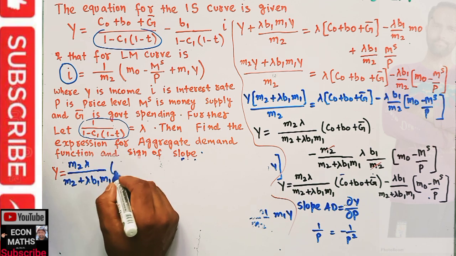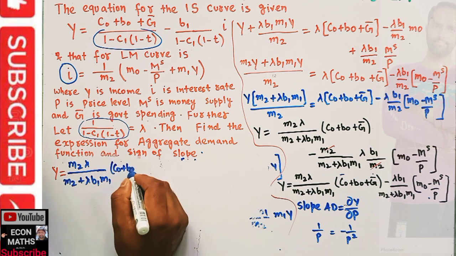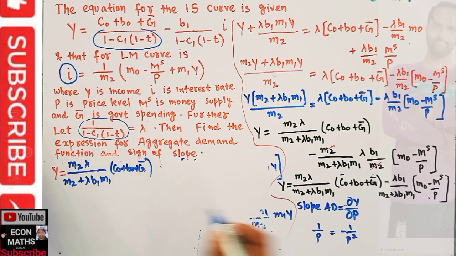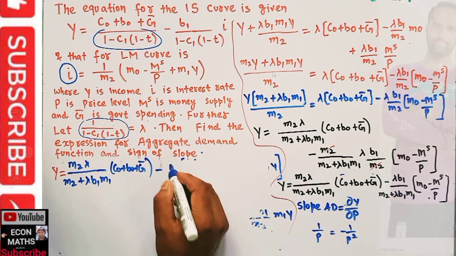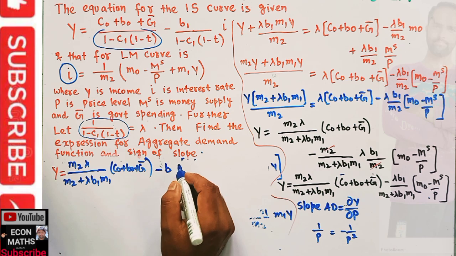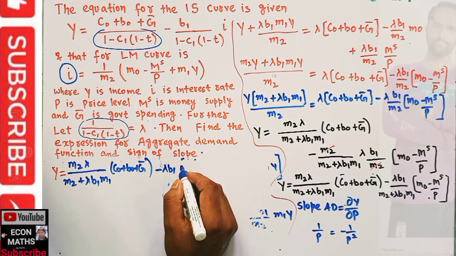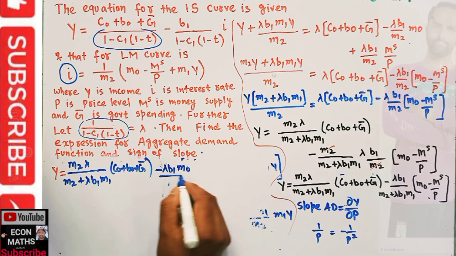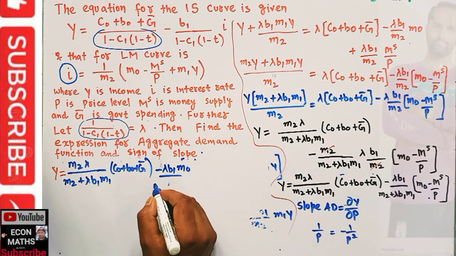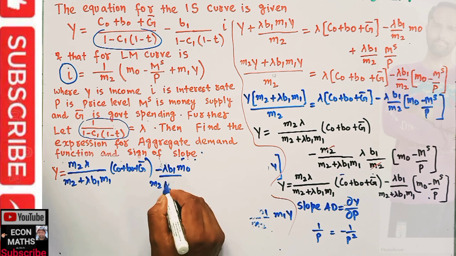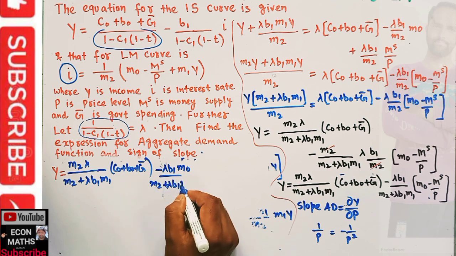We have this c naught plus b naught plus g bar, multiplying this, minus lambda b1 into m naught upon m2 plus lambda b1 m1.